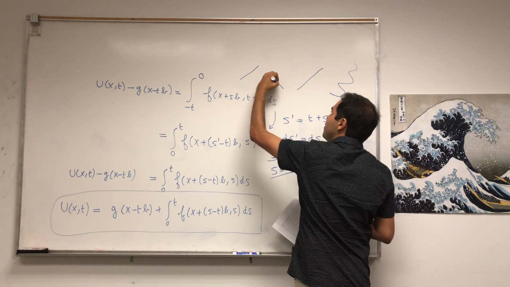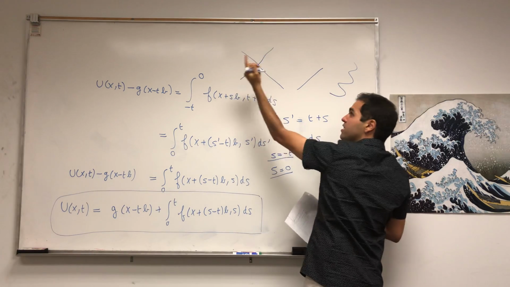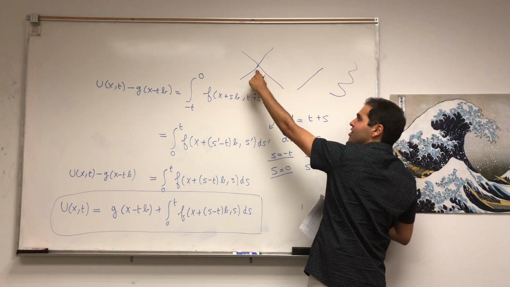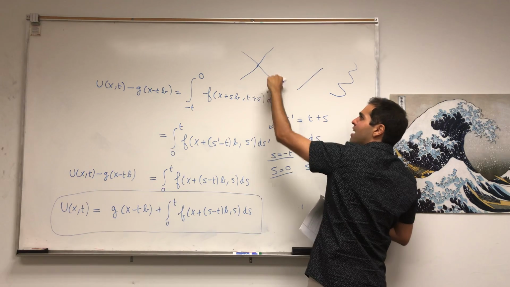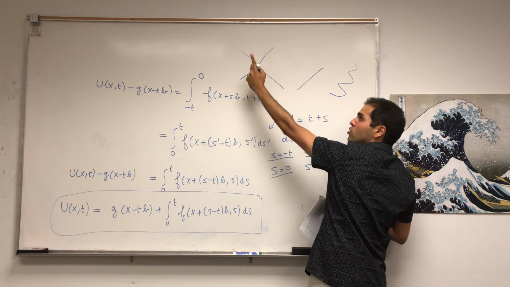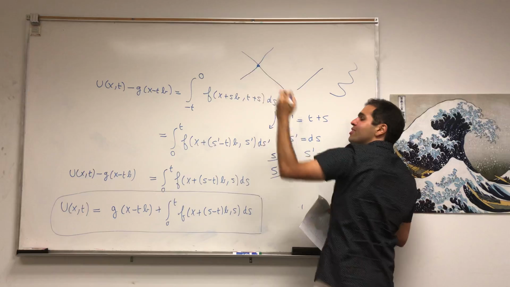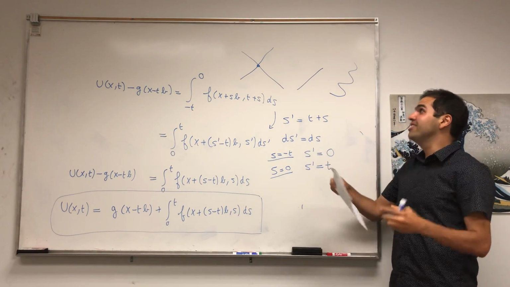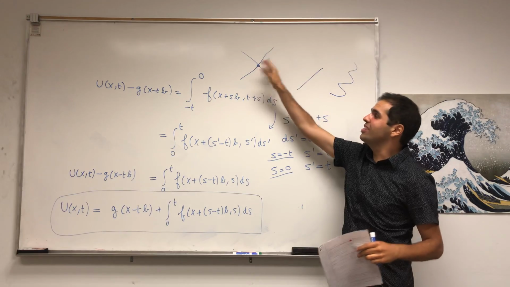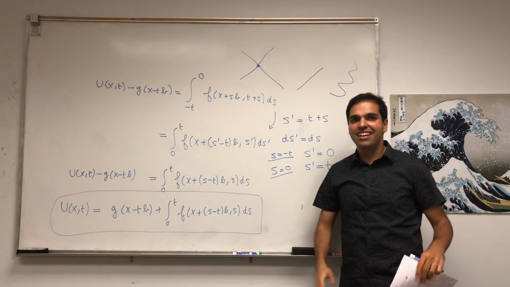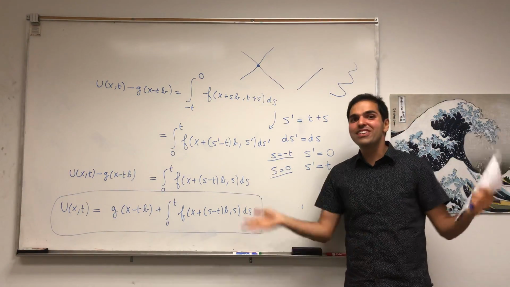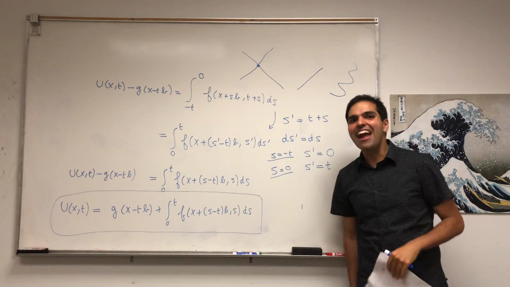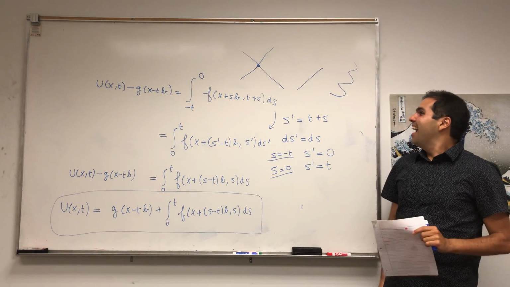What if you have two curves that intersect? Then on the one hand, u is one value here, but another value here. And if the two values are different, here we get a problem. And the question is, what do you do? How do you define the solution after such a shock? And it has to do with entropy, called an entropy condition. But this is for way later if you want.